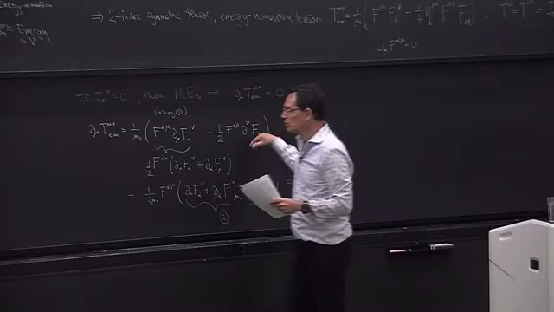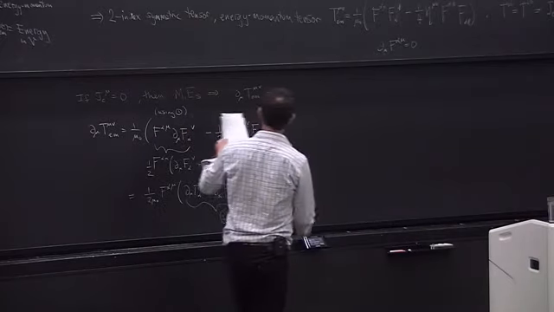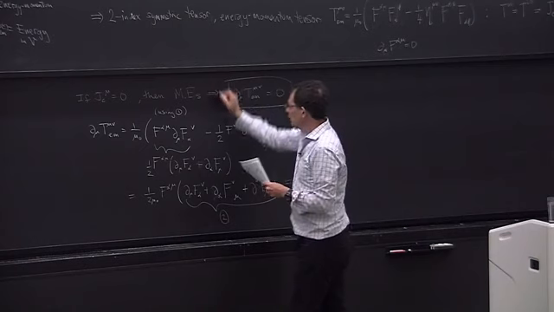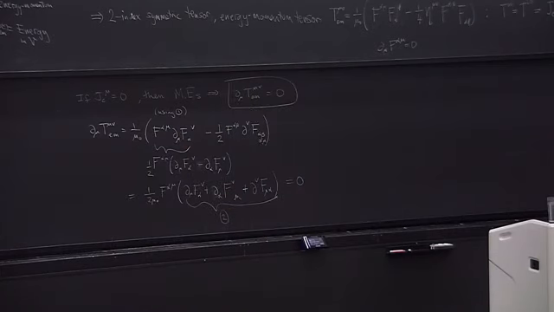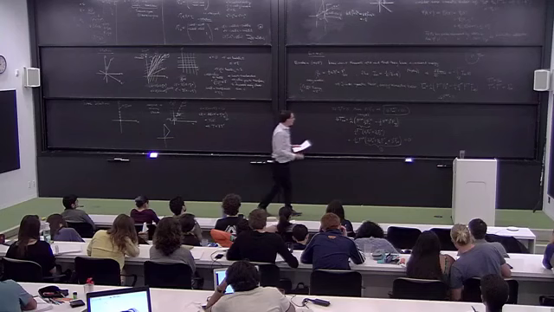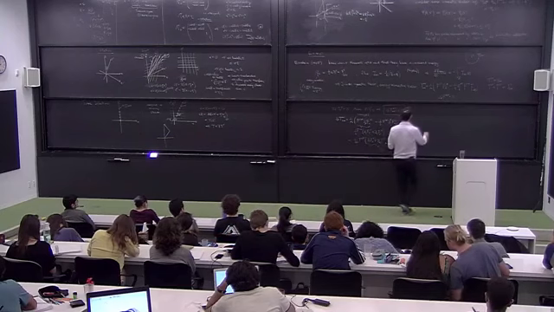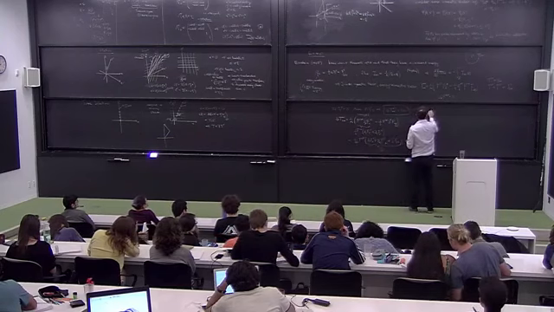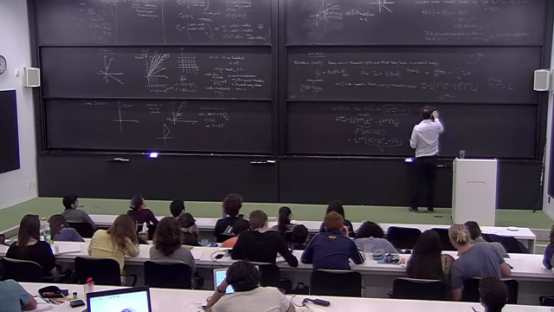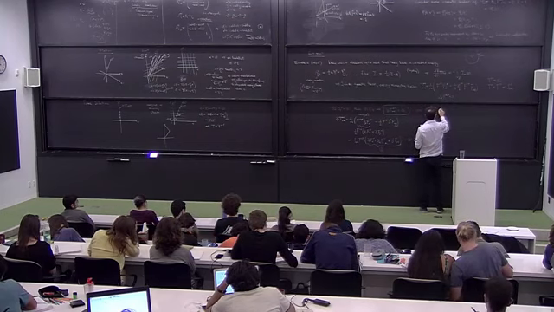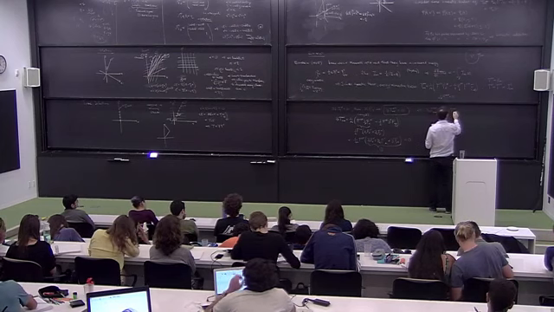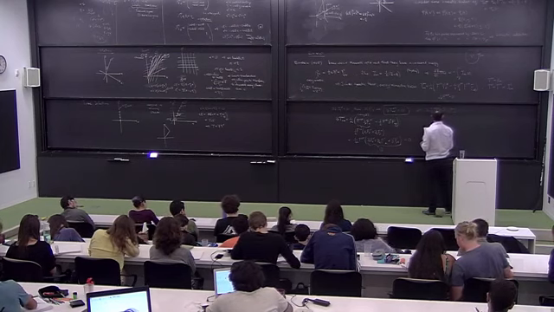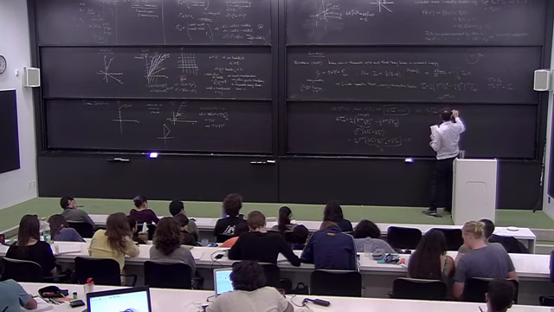Okay, so using the two Maxwell equations, you can show that d mu T mu nu equals 0. And this is enough to tell you that, okay, Ti0, of course it's symmetric, so it doesn't matter.